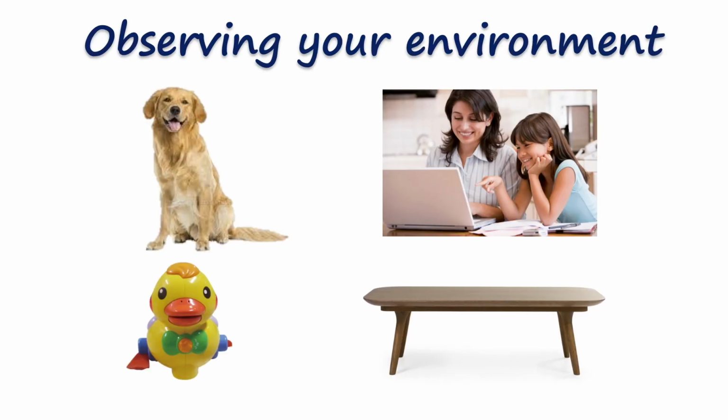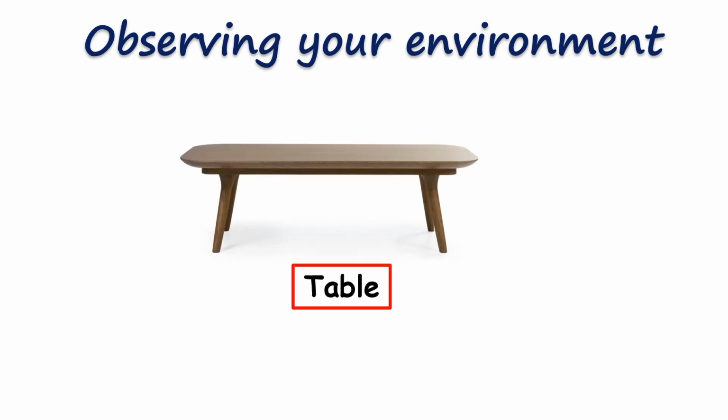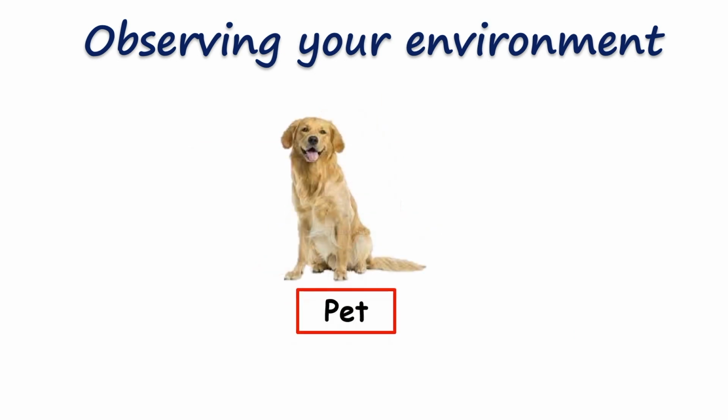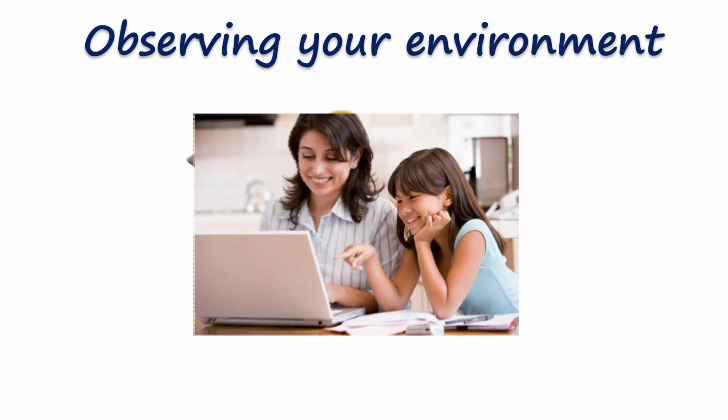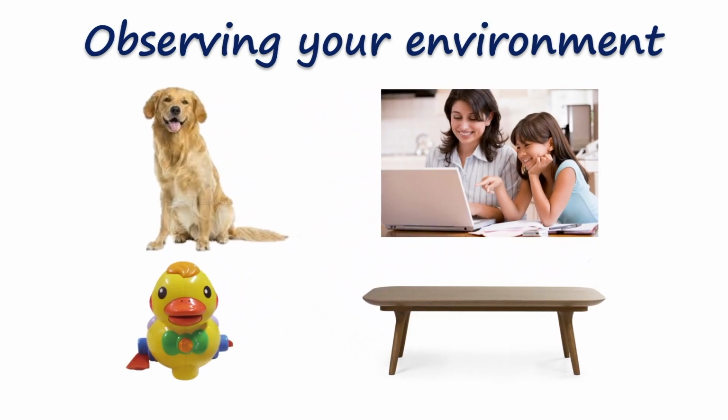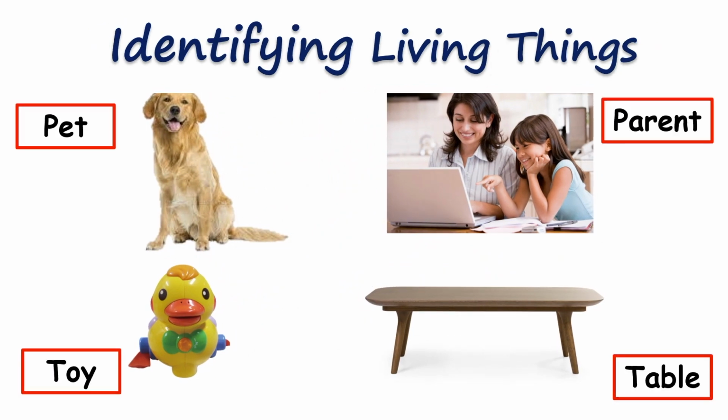Take a look around you. There are different things in your environment. For example, you may see a table, a toy, your pet, or your parent around you. Some of these things you see are alive.